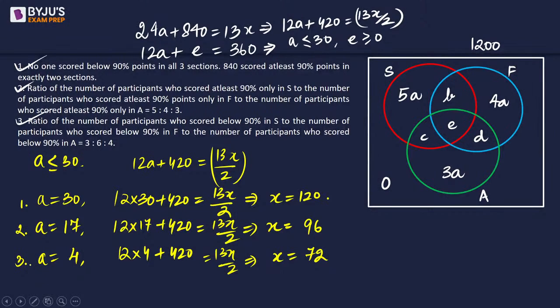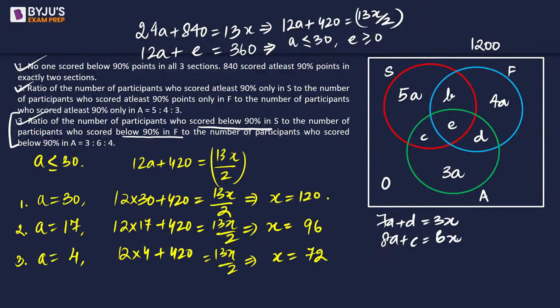Now what was x? So I'll write down the x. x यहाँ से आया था. So the number of participants who scored below 90% in S was 7a plus d. This is 3x. Scored below 90% in F, which is 5a plus c plus 3a, which is 8a plus c. This is 6x.